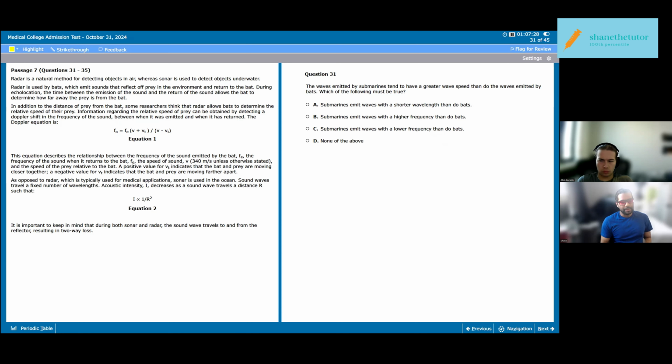They talk about radar, and then sonar essentially being the same thing, except it's used in the ocean. And then they talk about the intensity decreasing. The last thing they say is that there's this two-way loss in intensity.